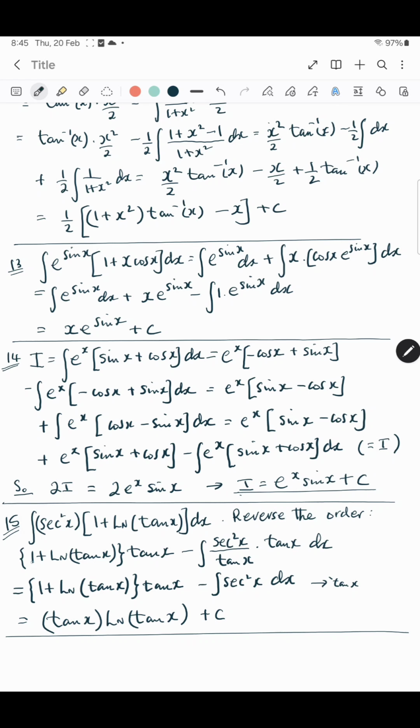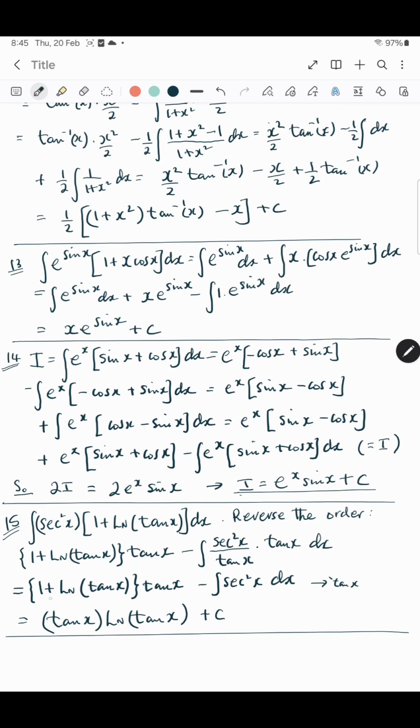So it'll be the first, which is 1 plus log tan x, times the integral of sec squared x, which is tan x, and then minus the integral of the first term differentiated, which will be sec squared x over tan x, times the integral of sec squared x, which is tan x, and then the tan x's cancel out.